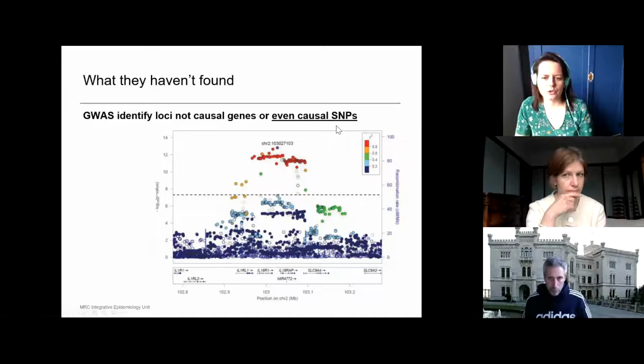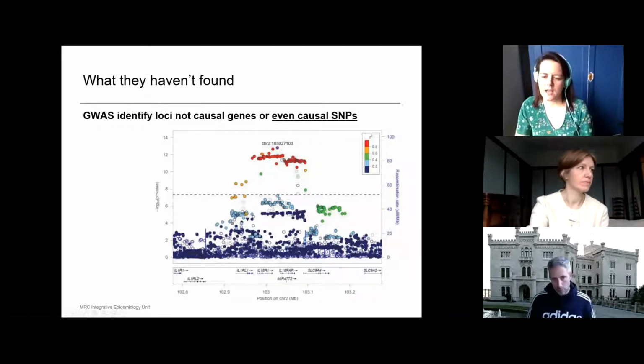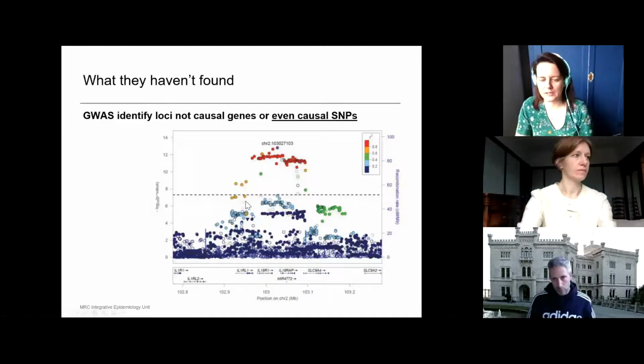To clarify what I mean, here's a zoomed-in diagram of part of the Manhattan plot. Instead of seeing the tall tower of signals, you're seeing things a bit more spread out, so that you can see within this locus where those SNPs are that are associated with eczema.